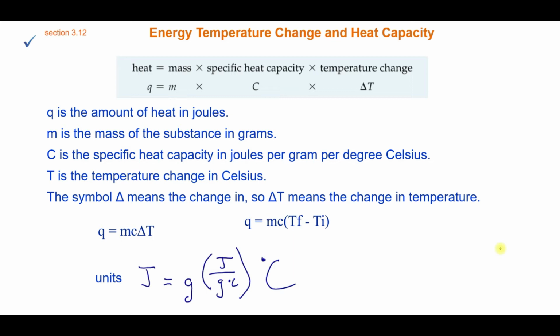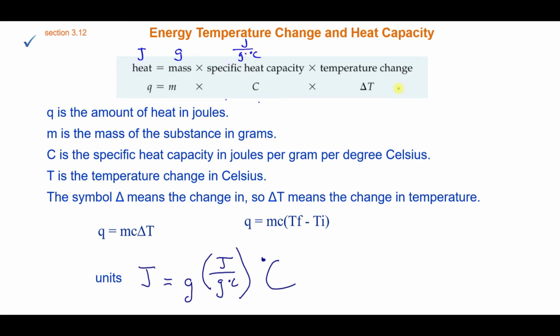When we're looking at the energy transferred, we're going to calculate heat, and that's the amount of heat in joules. It has an abbreviation of Q, a lowercase q. M stands for the mass, and that is in grams. C is our specific heat capacity, and its unit is joules per grams times degrees Celsius.